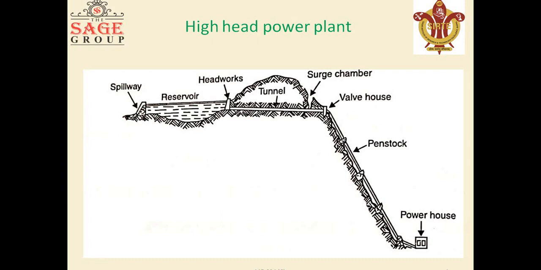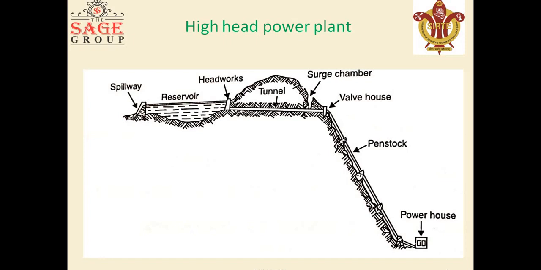The basis technically adopted is the specific speed of the turbine used for a particular plant. So this type of plant works under a head of 100 meters and above.